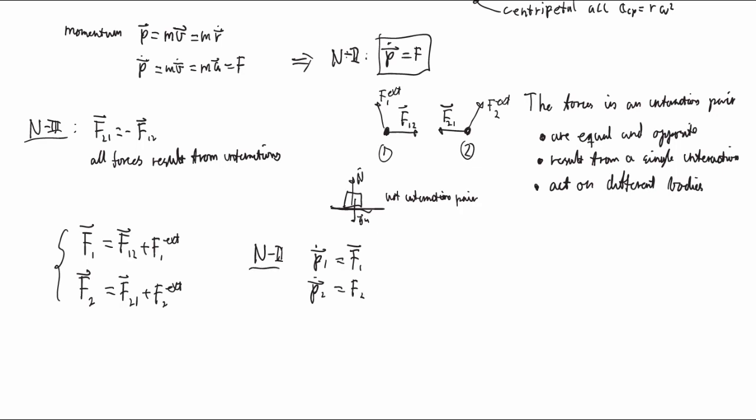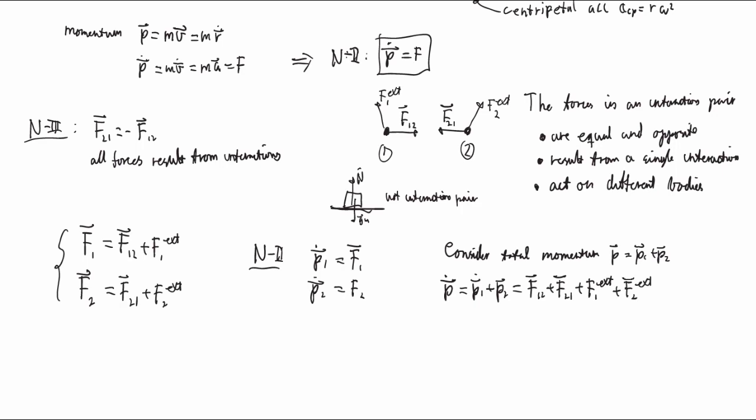If we now consider the total momentum and look at its time derivative, P dot, so the total momentum P is just the sum of P1 and P2. So the time derivative of the total momentum then is P1 dot plus P2 dot. That's going to be F12 plus F21 plus the external forces. Now we know from Newton's third law that these two add up to 0.